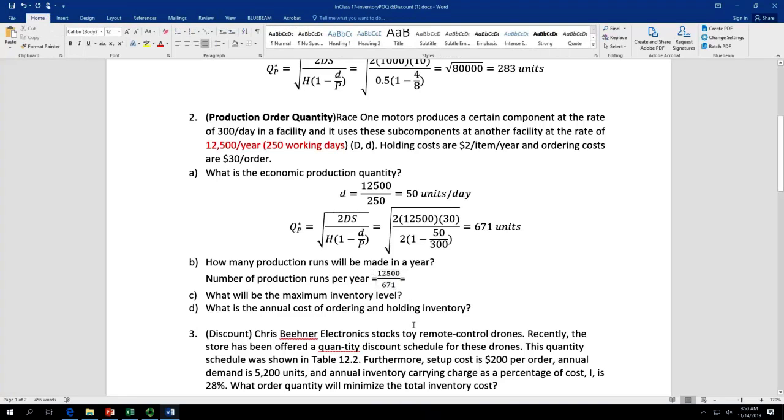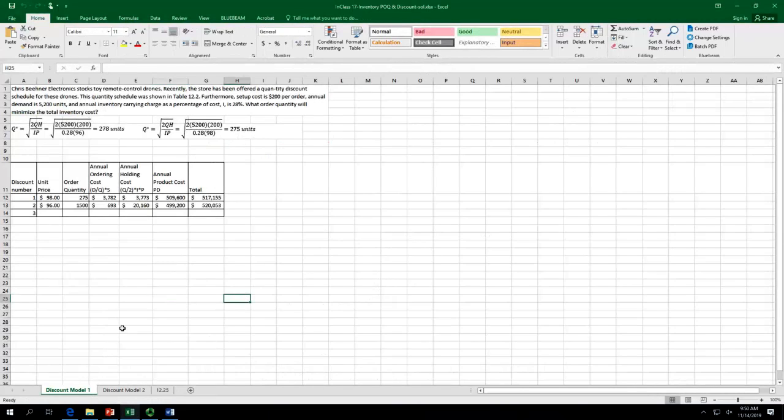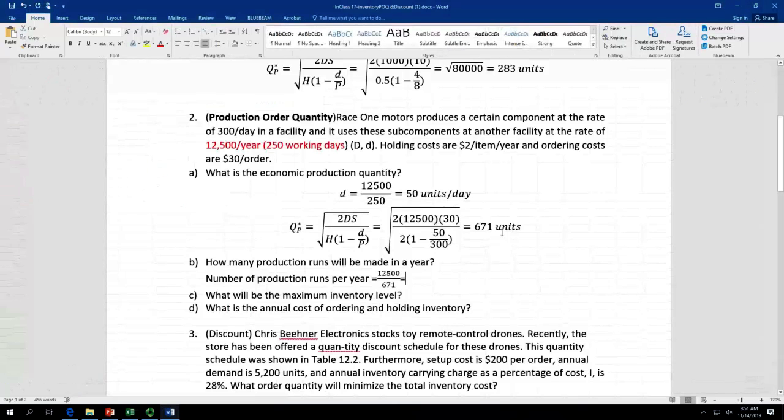So let's calculate this number: 12500 divided by 671. This one is 18.6, per year.